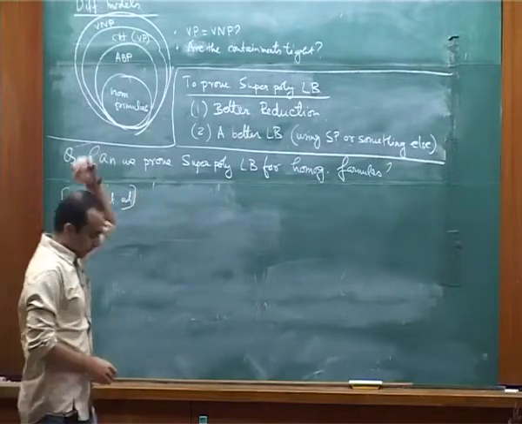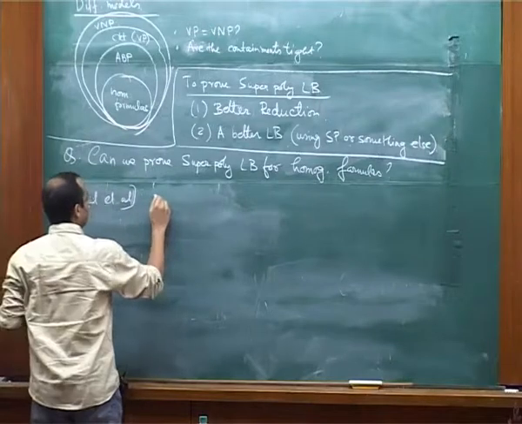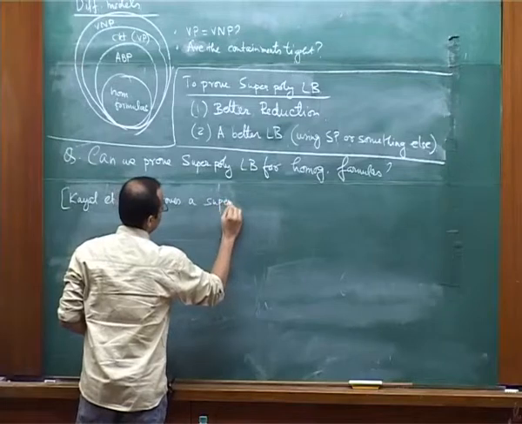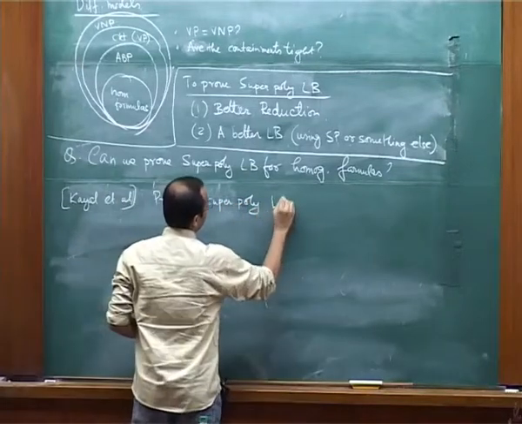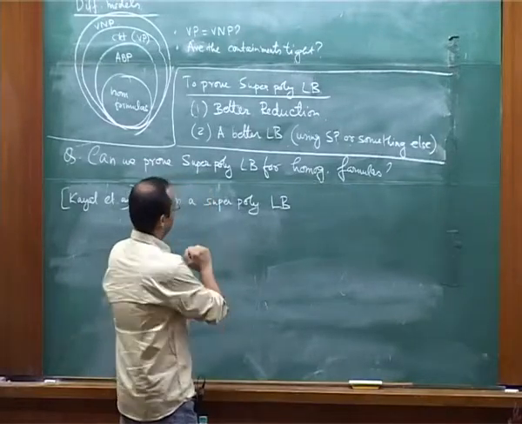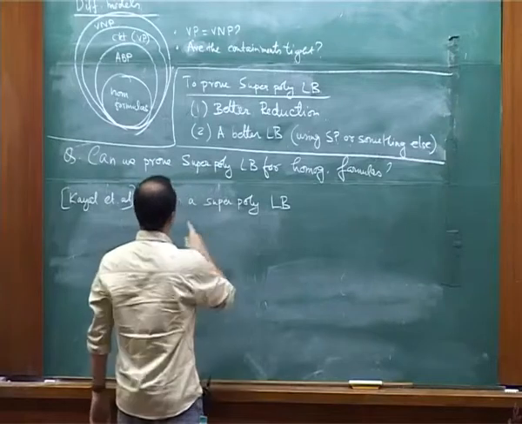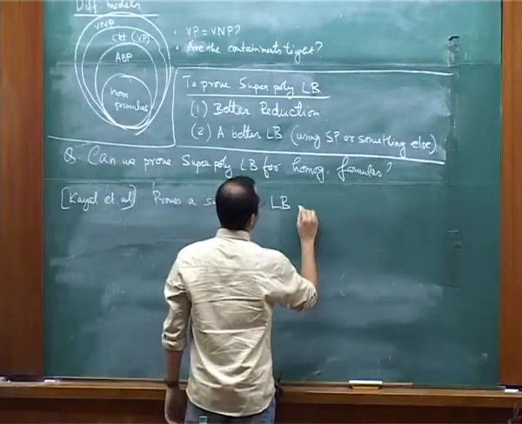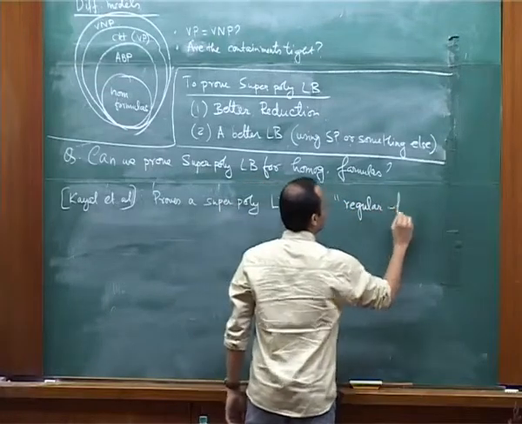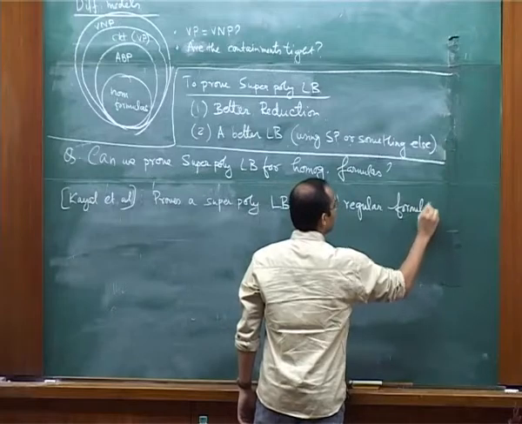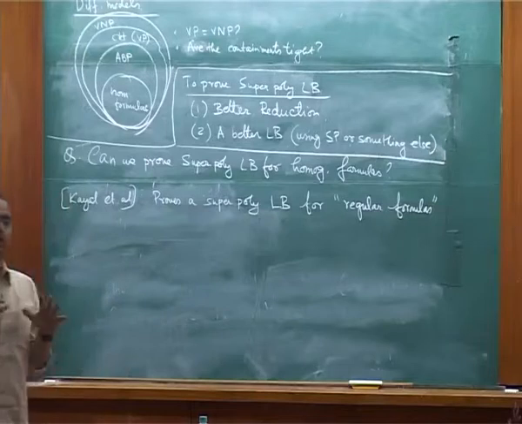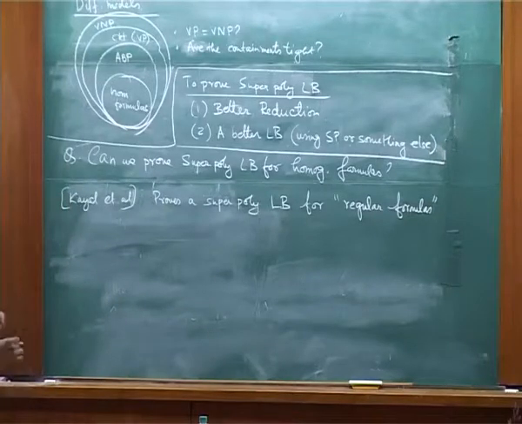It actually proves super poly lower bound for very special kinds of homogeneous formulas that they called regular formulas. You can think of, at least for this talk, regular formulas as some very natural subclass of homogeneous formulas. So what are they?